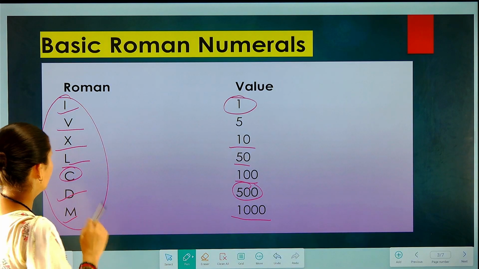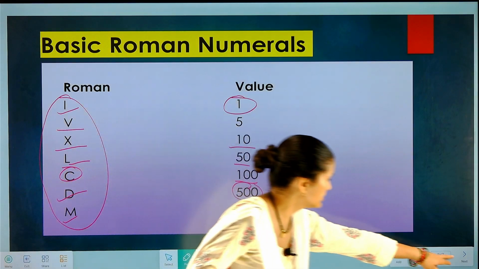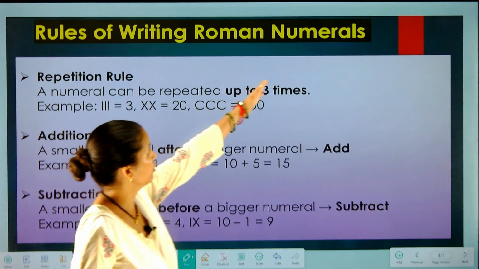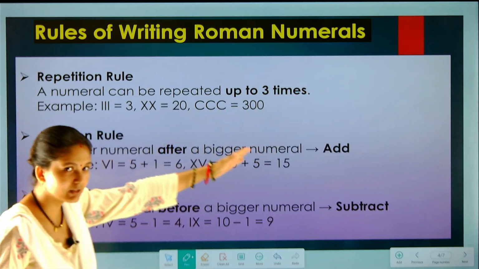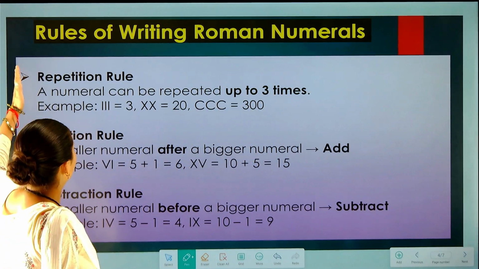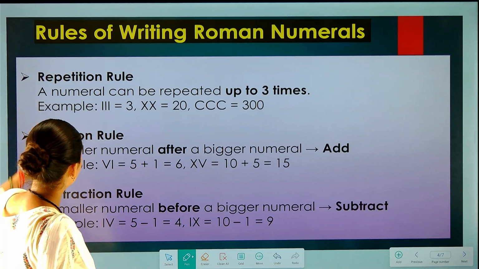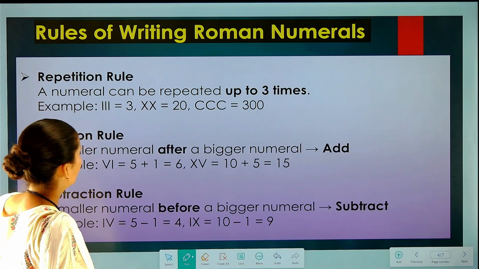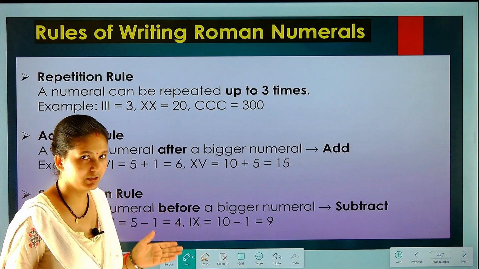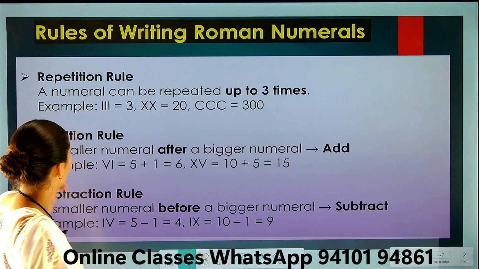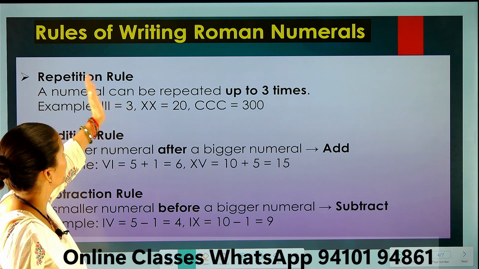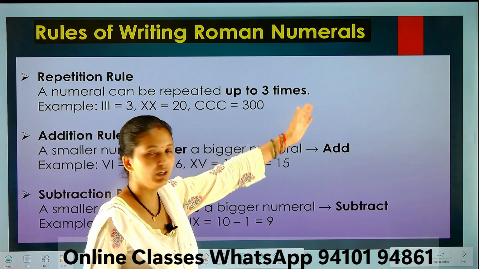Got it? So now see the rules of writing Roman numerals. There are the repetition rule, addition rule, and subtraction rule, which are followed in forming Roman numerals from Hindu Arabic numbers. The repetition rule says that a numeral can be repeated up to 3 times.